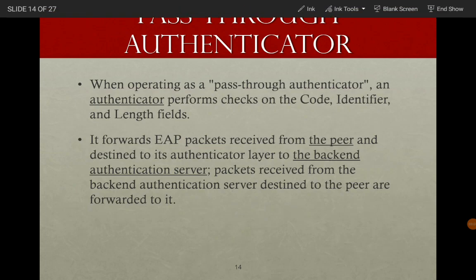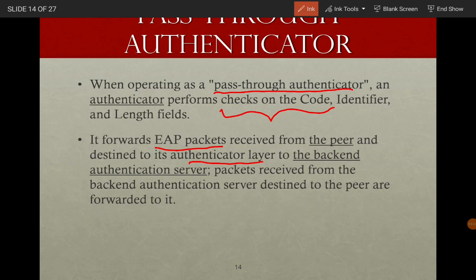So what is a pass-through authenticator? When EAP is operating as a pass-through authenticator, the authenticator performs checks on the code, the identifier, and the length fields. It forwards the EAP packets received from the peer to the backend authentication server.